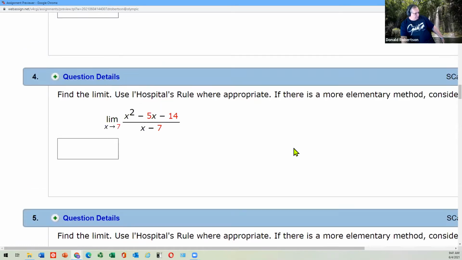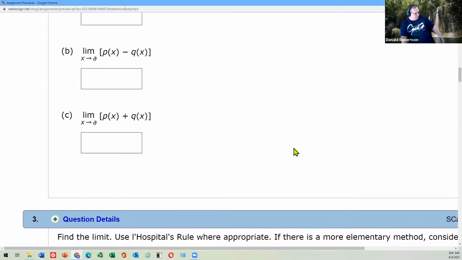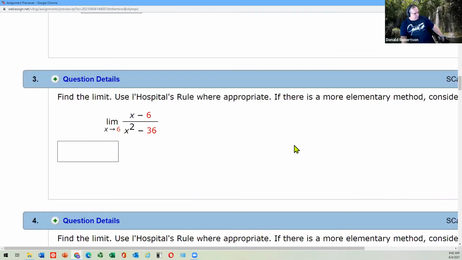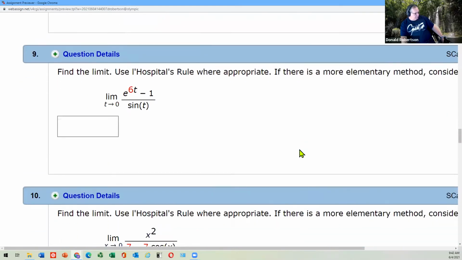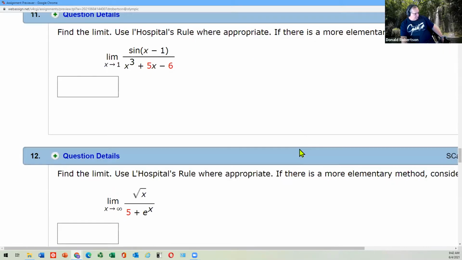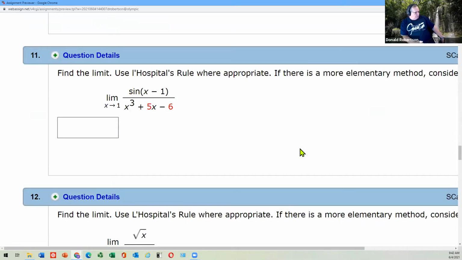Nothing really weird with that one. We'll keep them for the last few minutes. Done that. I'll look at that one. It's definitely L'Hopital. I don't think there's a lot you need to worry about there.